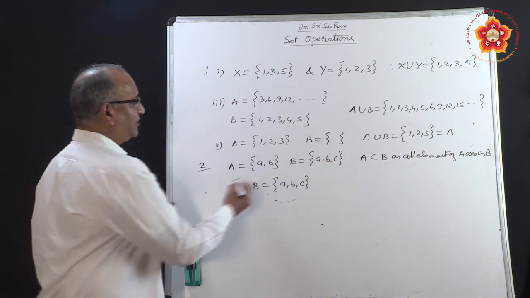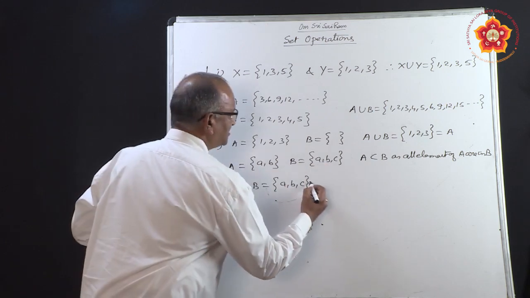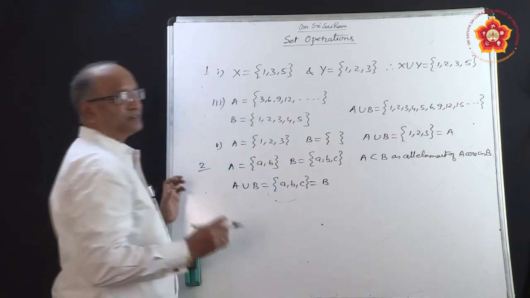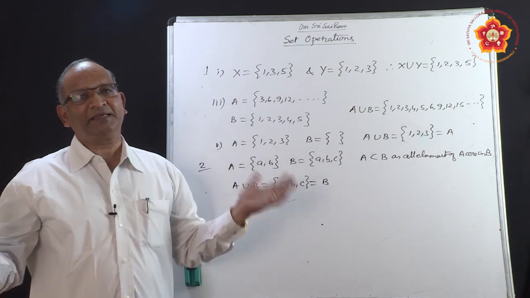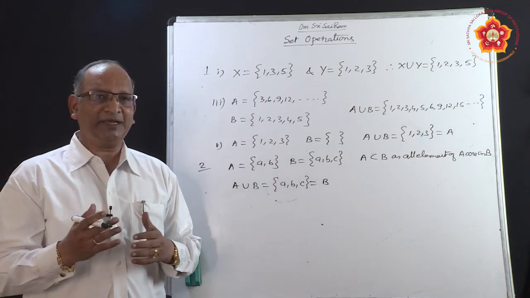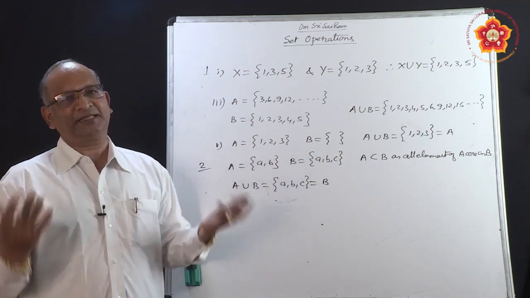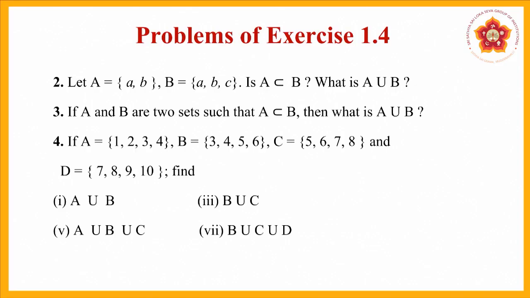You can see A union B, we write all the elements which is nothing but B. Why? Because A is a smaller set, B is a bigger set. So what is union? All elements, so it is nothing but B. Next, third one, if A and B are two sets such that A is a subset of B, same thing he is asking. The third question, he says A is a subset of B, then what is A union B?